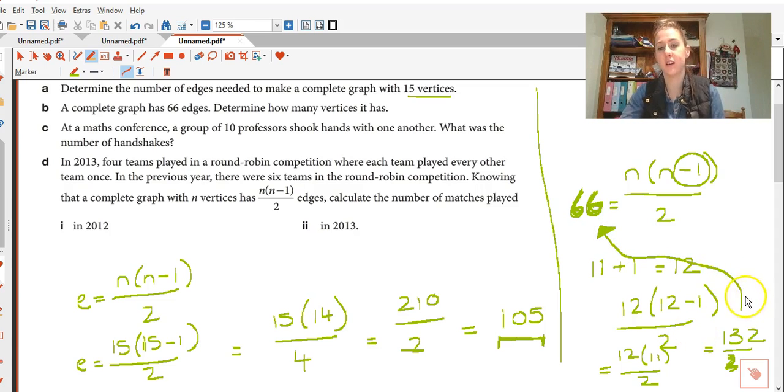So unless they're going to be absolute dogs, excuse the language, and make you go through the whole algebraic process and actually test your algebra skills rather than your network skills, it should be something that is kind of innate like this number. So 66, you're sort of thinking, well, what's it going to be? Maybe divisible by 6, so it would be 7 for n.